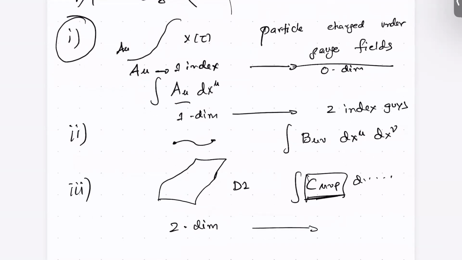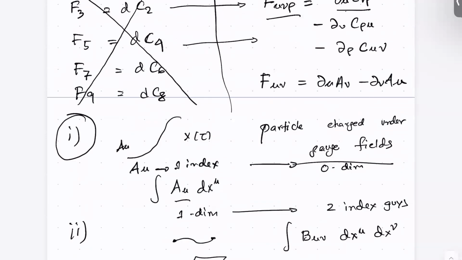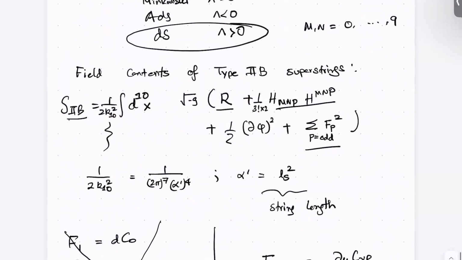So the same thing can be done, of course, in principle. If you have an equation of motion for this guy, what is the equation of motion for this guy? I saw one answer. That's correct, probably.